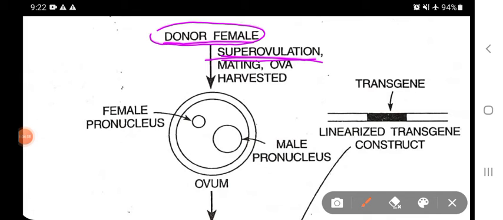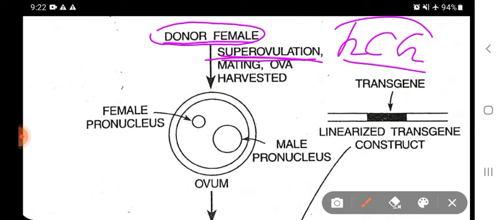That means by injecting the female animal with a hormone called human chorionic gonadotrophin, she is subjected to superovulation. That means she will now produce multiple ovules within her reproductive tract.